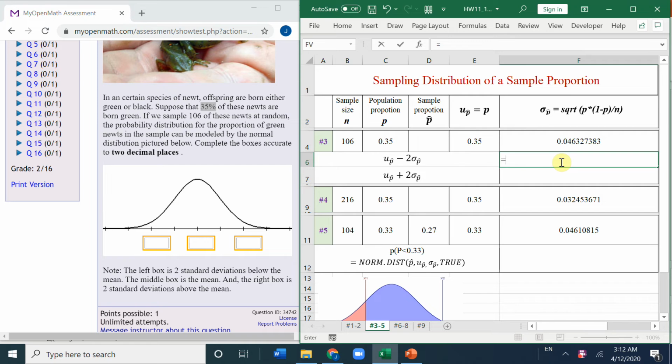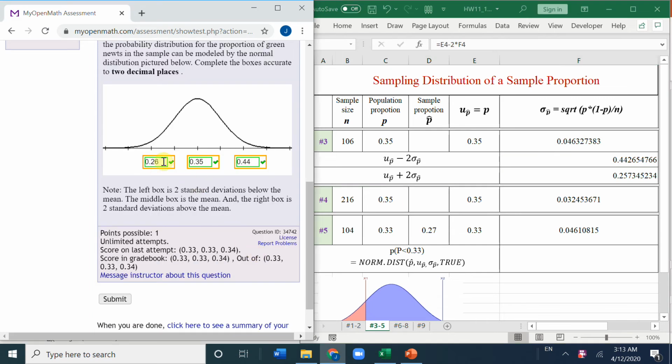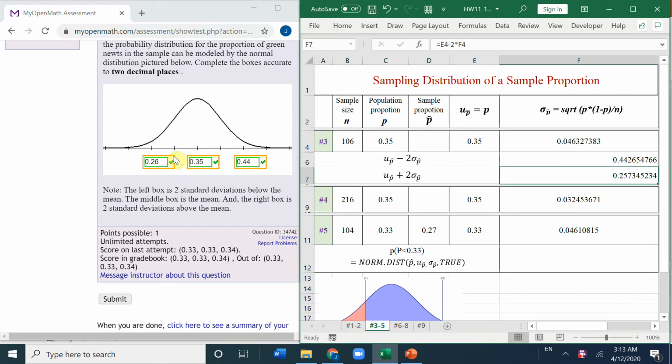So the upper bound is mean plus 2 times sigma. The lower bound is mean minus 2 times sigma. Okay, we input the answer. You need to round to 2 decimal places: upper bound, lower bound, and the mean.